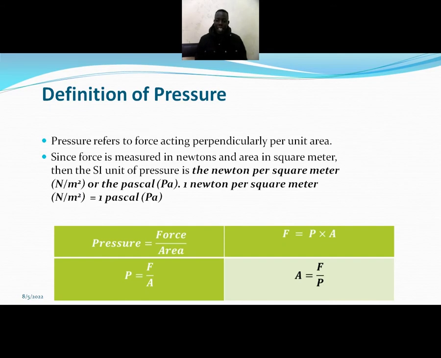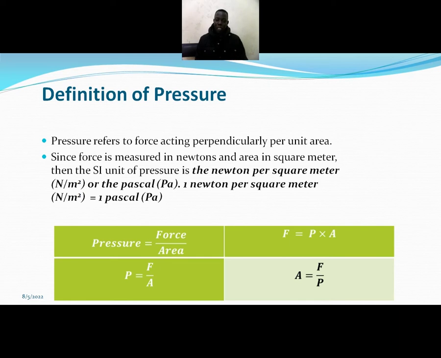Pressure is the force acting perpendicularly per unit area. Or force acting normally per unit area. The word perpendicularly can be replaced by the word normally. Normally means it acts on it at an angle of 90 degrees towards it. Not sideways. It acts on it normally.